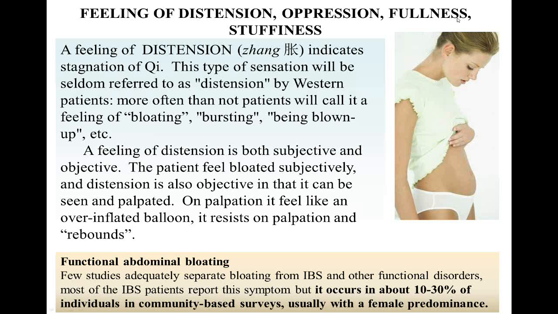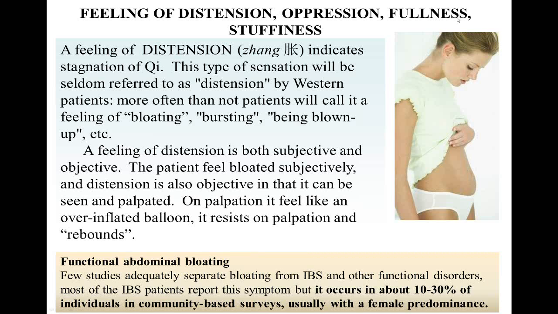So bloating is probably the closest to the Chinese symptom of zhang. By the way, Chinese patients do use that word all the time. So diagnosis in China is very easy because Chinese patients use the same words that are in Chinese medicine books. And Chinese patients will even say, I've got zhang tung, distending pain.